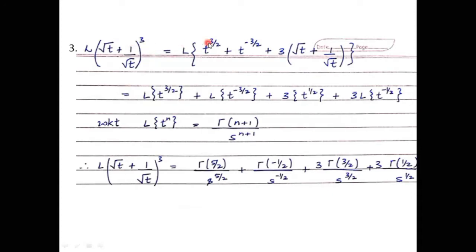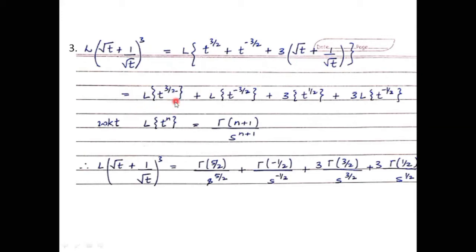When I take the cube, it is t power half the whole cube, that is t power 3 by 2, and t power minus half the whole cube is t power minus 3 by 2, plus 3ab, meaning root t into 1 by root t is 1. So 3 into 1 into a plus b, and a plus b is root t plus 1 by root t. I have used the property of linearity while splitting these terms.